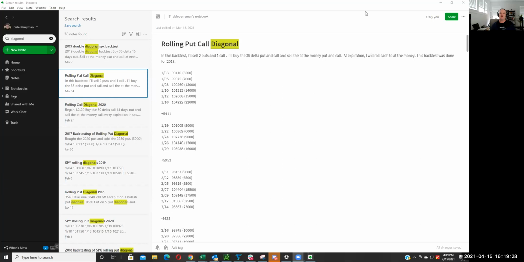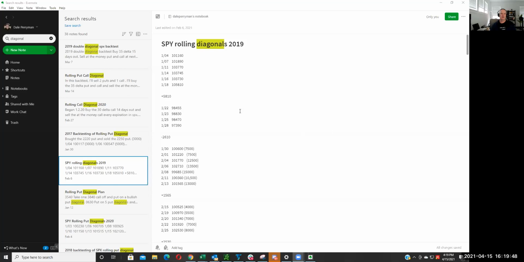Let's say I've got a 2019 double diagonal, a rolling put call diagonal only. Once again, mine are not as beautiful, but this is a rolling put call diagonal. Okay, here's one on just the SPY instead of SPX, and this one is a put diagonal on just the SPY.